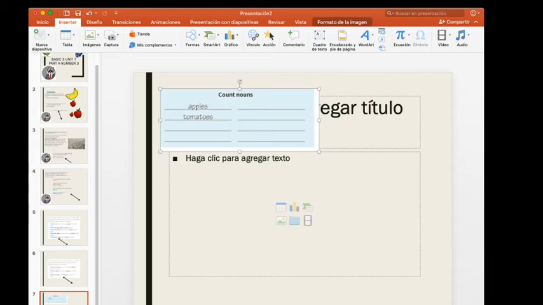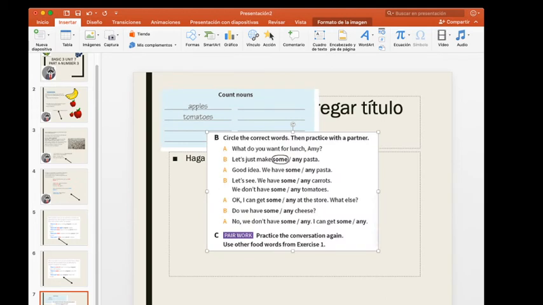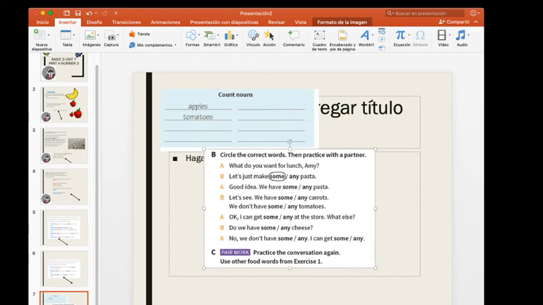For example, candies, pizza, etc. You can rearrange the list. The next homework or the next activity is that you have to check the answers or circle the words in this part. Maybe let's just make some or any, we have some or any, etc.